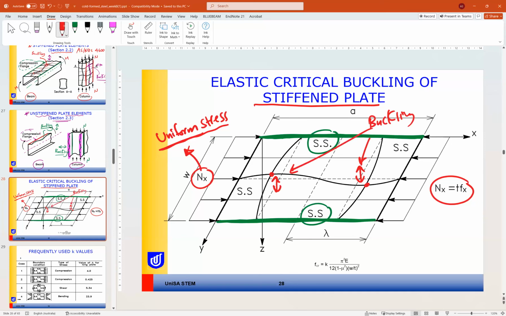So what is the critical stress for buckling for this case? σ_cr, the critical stress, equals k, the buckling coefficient, multiplied by π²E divided by 12(1 − ν²), and multiplied by (t/w) all squared.